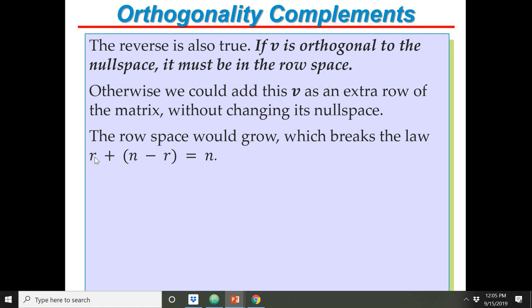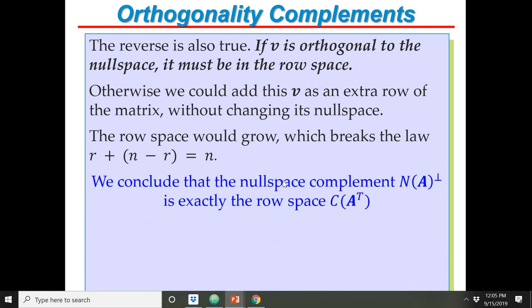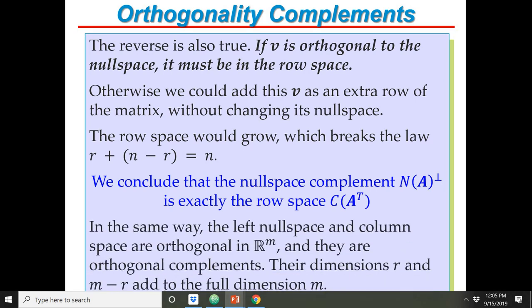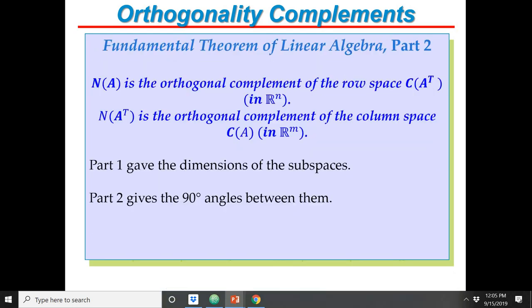If r increases by 1 and the dimensionality of the null space doesn't change, you will not be able to satisfy this equation. Bottom line, the null space is the orthogonal complement of the row space, and the row space is the orthogonal complement of the null space. And remember, when you put those things together, you basically make the whole of Rn.